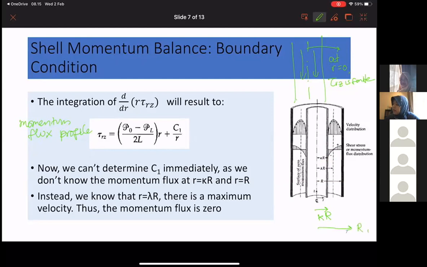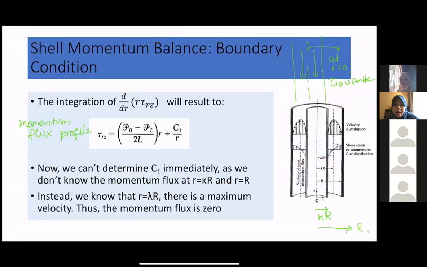At the inner cylinder wall, just inside the r, we know there is a momentum, but we don't know that value. However, at lambda r, somewhere along the fluid, there should be a maximum velocity.